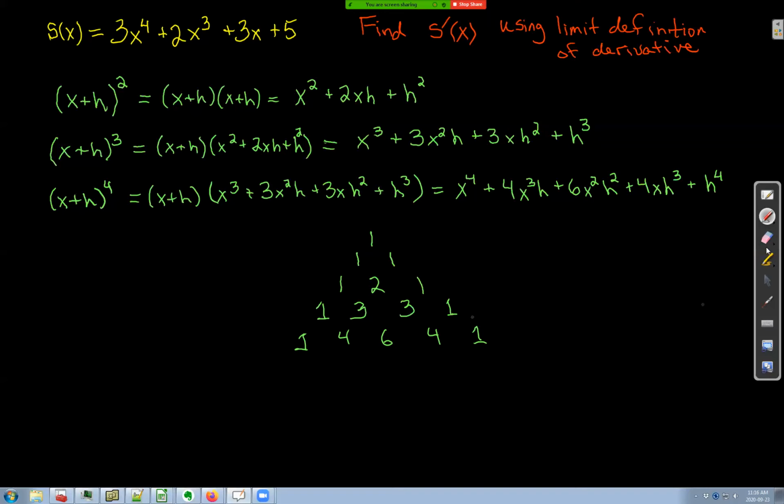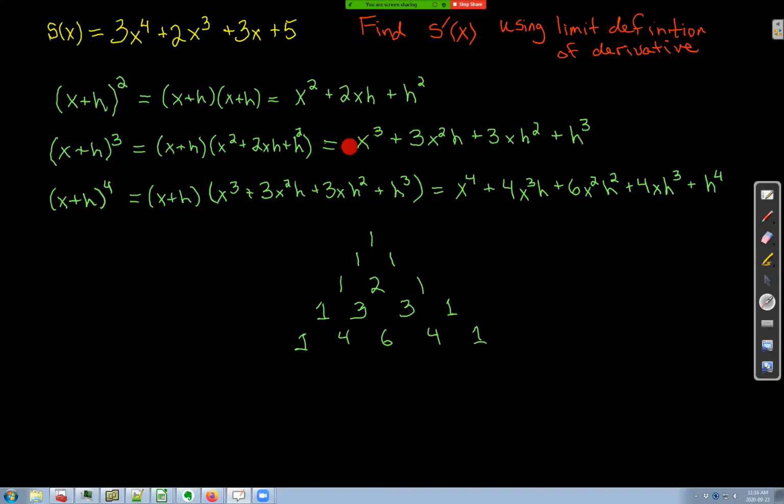But what I want you to notice is these numbers: 4, 6, 4, and there are invisible ones here and here. So the coefficients of these terms are exactly the fourth row, or I guess it's the fifth, exactly this row of Pascal's triangle.